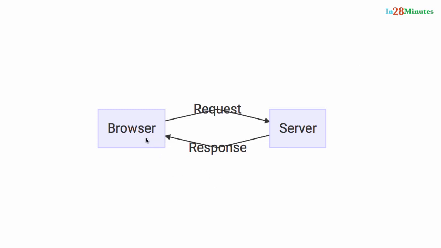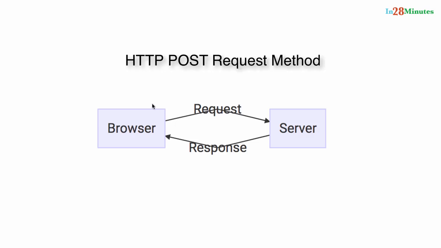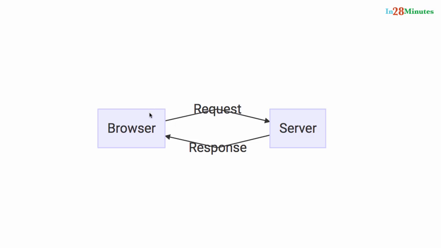The browser looks at that response, takes the HTML, and displays it on the screen. Let's say there's a form I'm filling up with a list of details, and I click the submit button. In those kinds of scenarios, typically we are creating a POST request. HTTP defines the headers which are present in the request and the body of the request. Also, along with the response, there are headers and also the body.